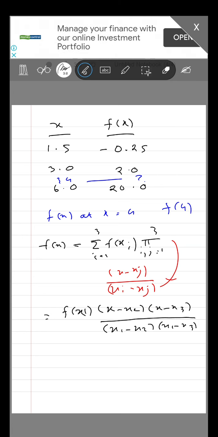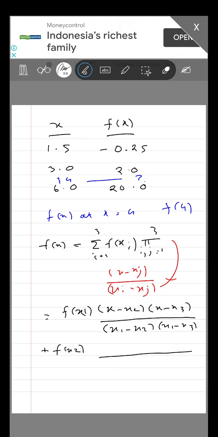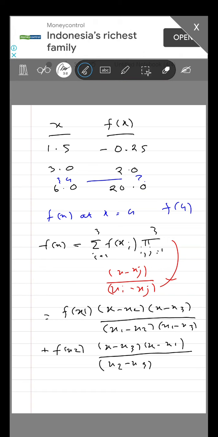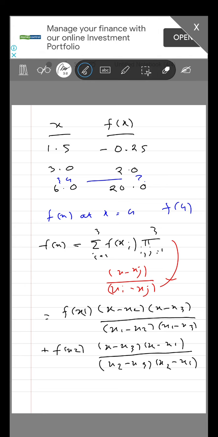plus it will be f(x2). Since it was 2 here, it will be 1 and 3; before, since it was 1, it was 2 and 3. So it will be (x minus x3) and (x minus x1), divided by (x2 minus x3) and (x2 minus x1), and plus the last one, f(x3).